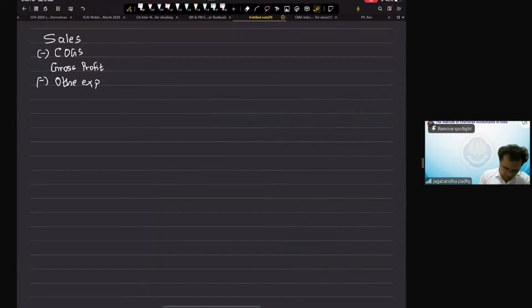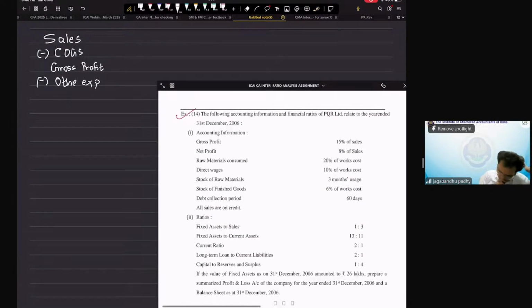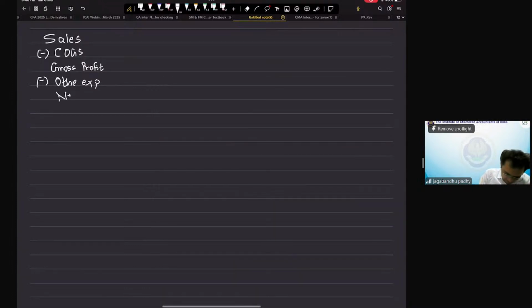We'll just say other expenses. Do we have the tax rate given to us? No. Then we'll simply say the net profit figure. Okay, that's the vertical P&L.